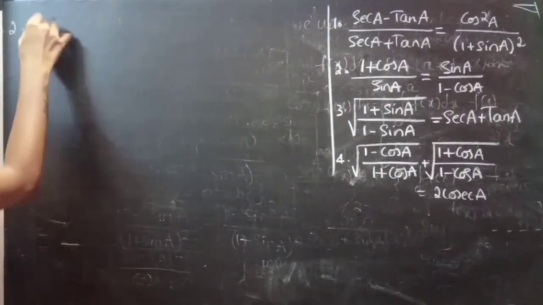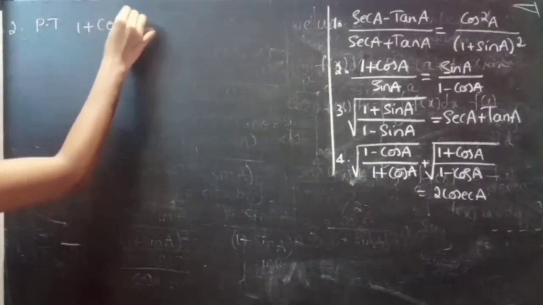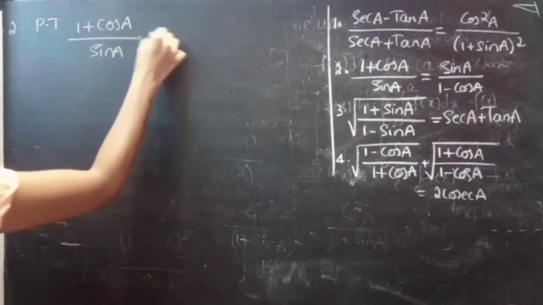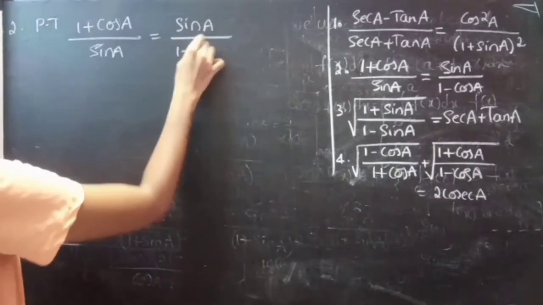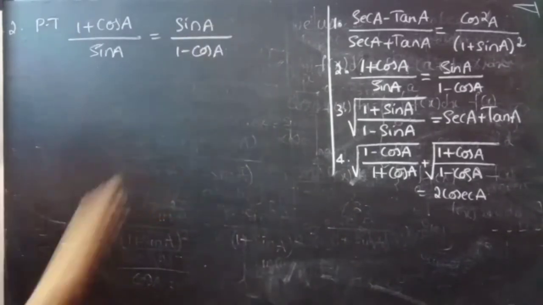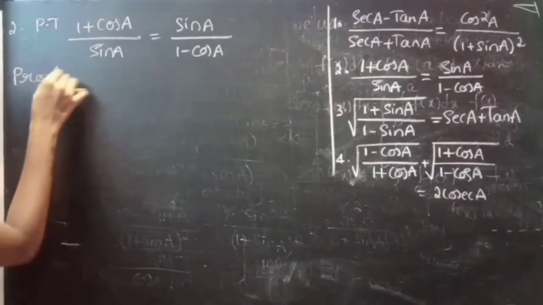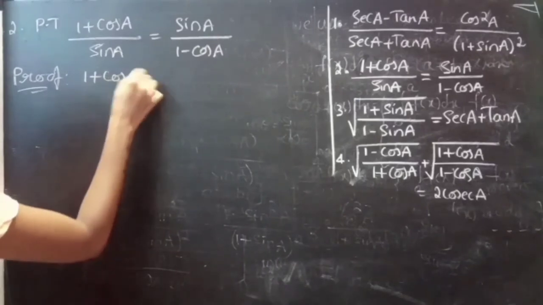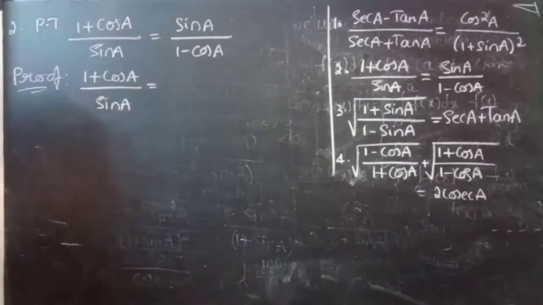Prove that (1 plus cos A) by sine A equals sine A by (1 minus cos A). Proof. Now consider the LHS part, (1 plus cos A) by sine A. So now we are going to rationalize the numerator.